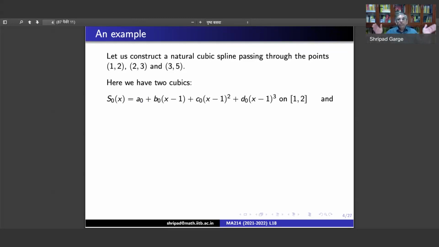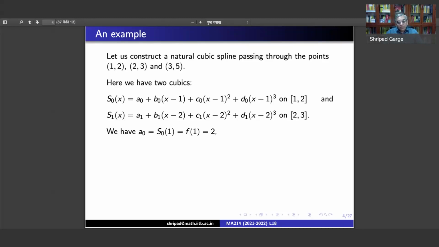We have this cubic on the interval 1 to 2. And we have this another cubic S1, which is written in terms of the powers of x minus 2 on the interval 2, 3. These are the 2 cubics that we are going to have, and we will try to interpolate our function using these 2 cubics.